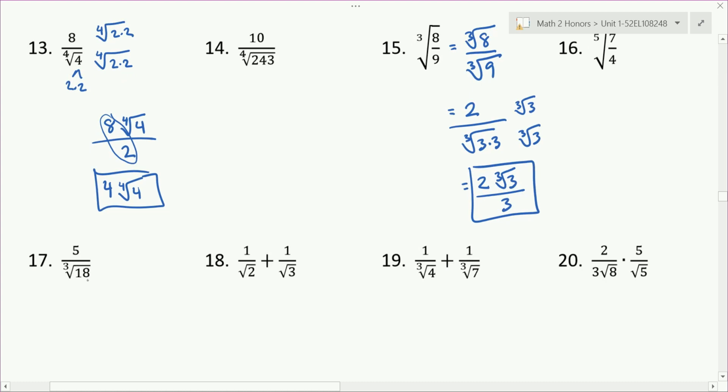I'm going to break down 18 to see what's there. I got 3 times a 3 times a 2. It's a little more complicated here. I want to rationalize the denominator, so I need to get rid of that cube root. So I need to multiply that by the cube root of 1 more 3, so I can create 3 3's, and I need 2 more 2's, so I can create 3 2's. So that's the number we want to multiply top and bottom by.